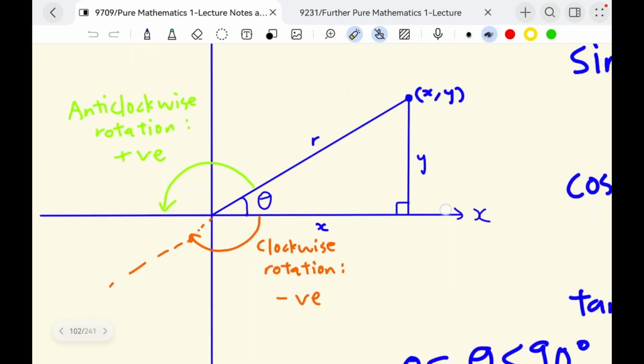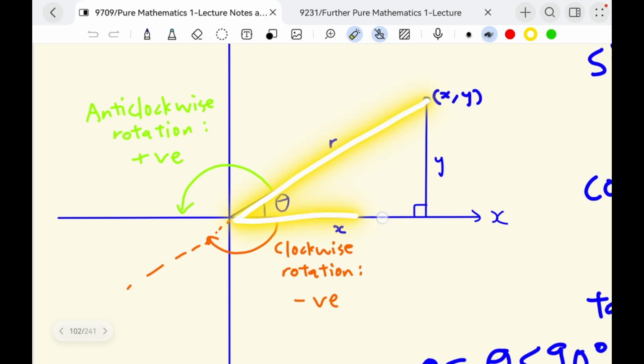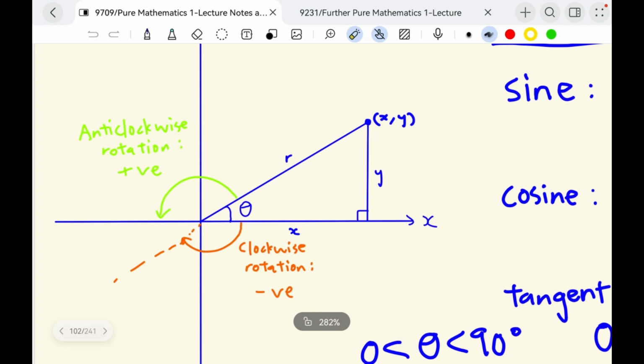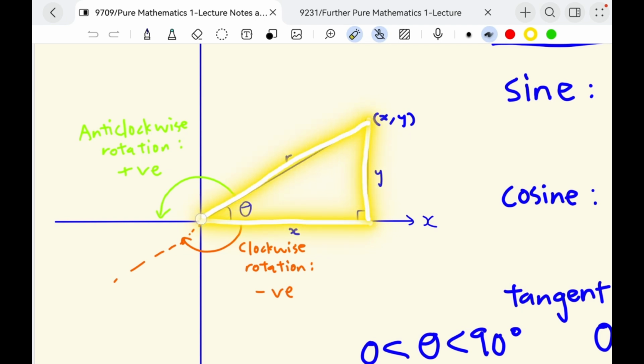Okay, so for the triangle over here, the right-angled triangle that is inscribed inside the Cartesian plane. What's the characteristic of the right-angled triangle? It has the horizontal distance, vertical distance, and of course it has the longest distance. This one we call the adjacent side.